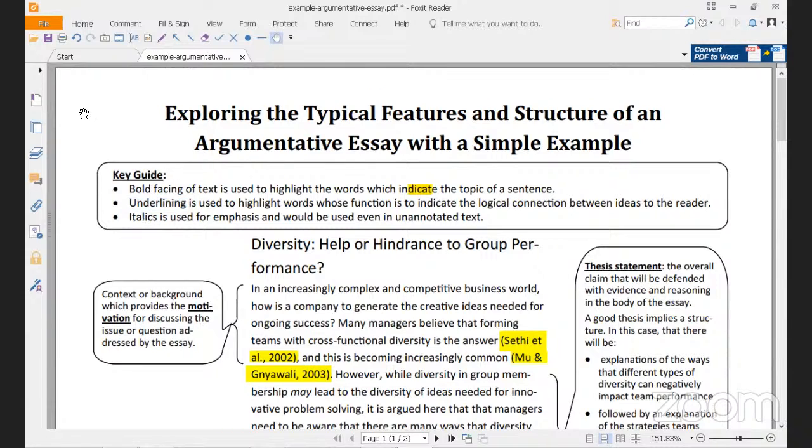Italics is used to emphasize and would be used even in an unannotated text. What is your understanding of an unannotated text? I don't know, teacher. I don't know what is unannotated. It's not quoted. It's not a quote. Okay.